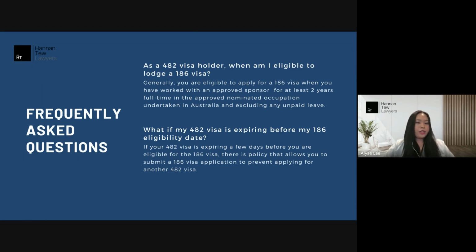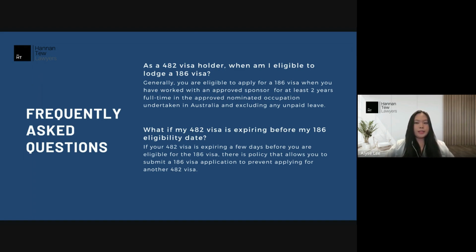What if the 482 visa expires before the 186 eligibility date? If the 482 visa is expiring a few days before the individual is eligible for the 186 visa, there is immigration policy that allows them to submit a 186 visa application to prevent the inefficiency of applying for another 482 visa.